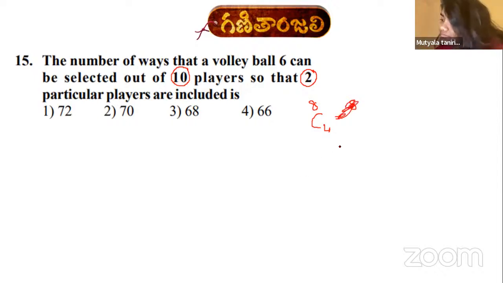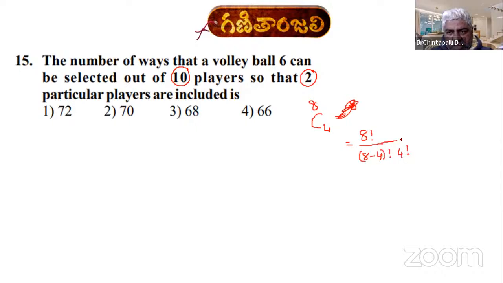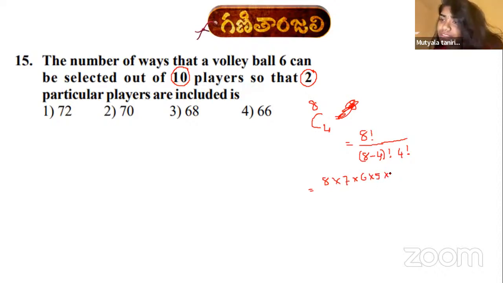How to find 8C4? 8 factorial by (8 minus 4) factorial times 4 factorial. 8 factorial is 8 times 7 times 6 times 5 times 4 factorial; we can stop there.